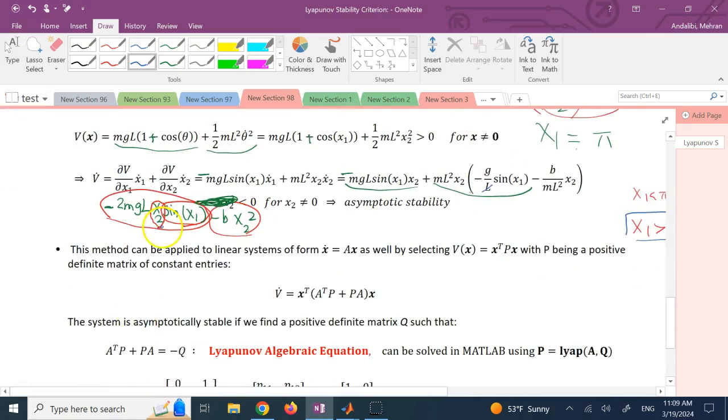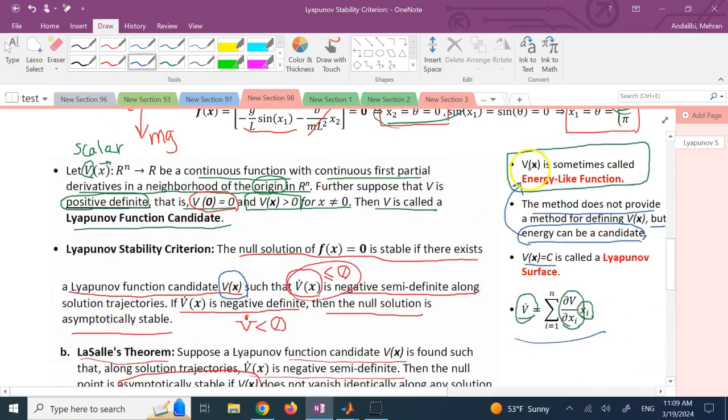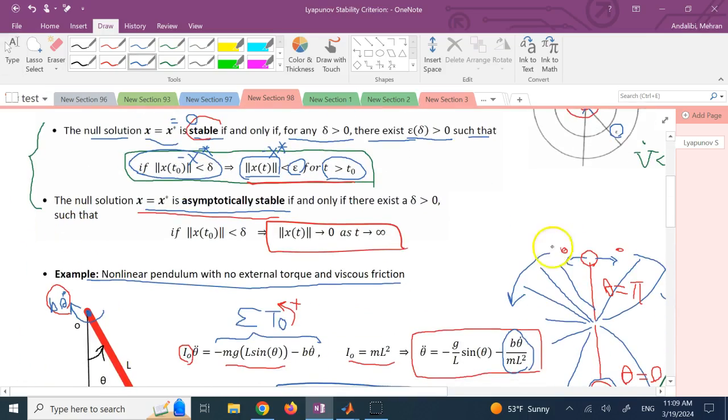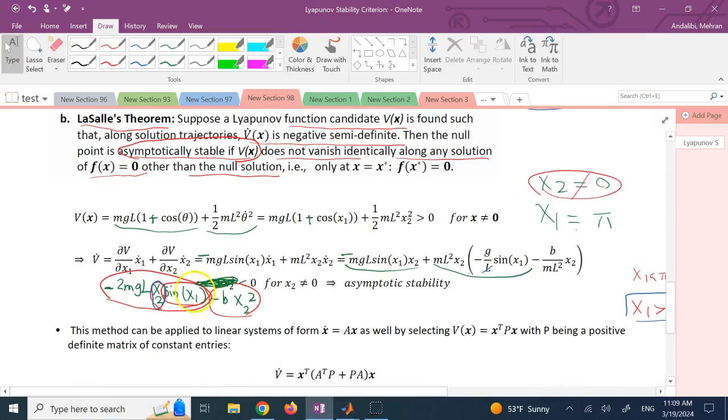And if x2 is positive, which means you're still going counterclockwise, you're spinning this way, so x2 is still positive, but sine of x1 is negative, then this whole term here actually becomes positive. And guess what? If this positive term dominates this negative term, the whole thing can be positive, because most of the time this damping is not such a huge term, but mgl could be, especially if there's a long pendulum.